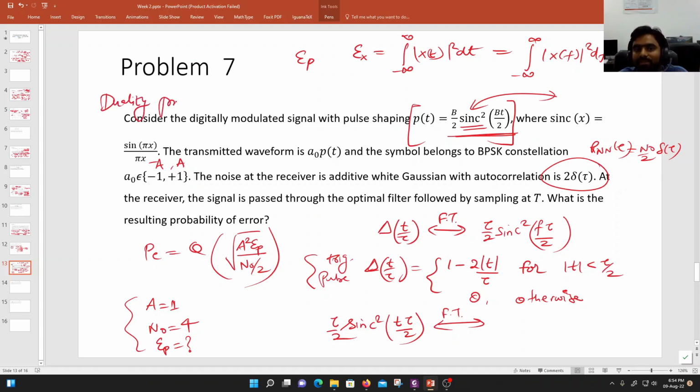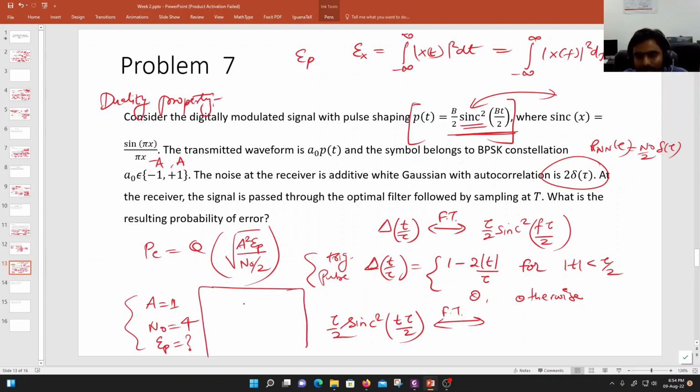What is the duality property? I am writing the duality property here. In the duality property, if the signal is small x(t) and the Fourier transform is capital X(f), then you take capital X(t), and now the Fourier transform will be small x(-f). So this is called the duality property.